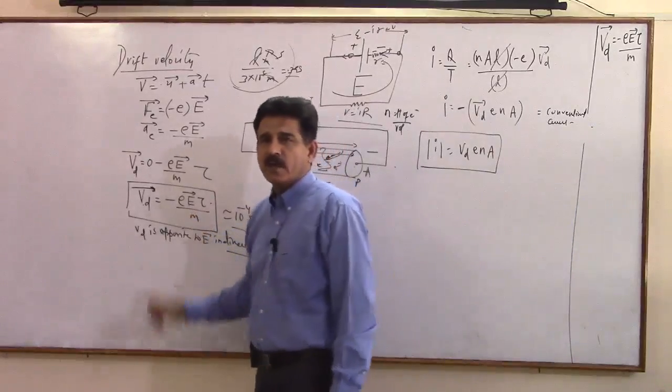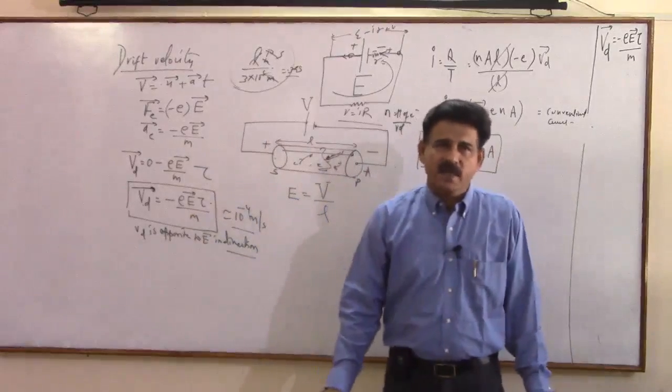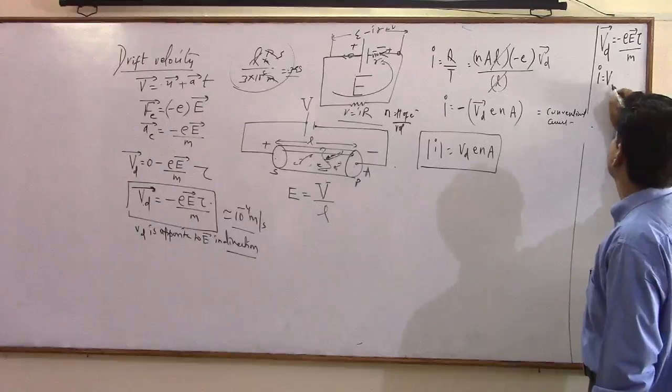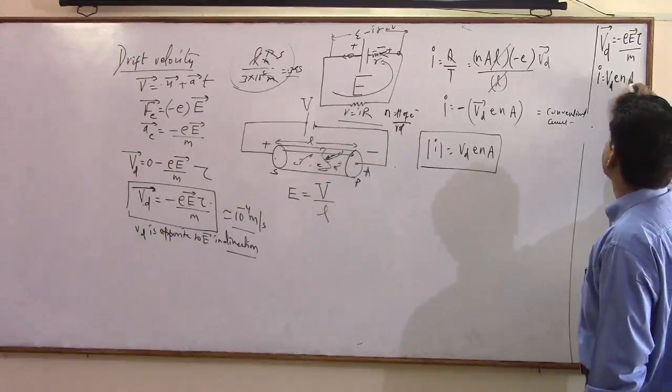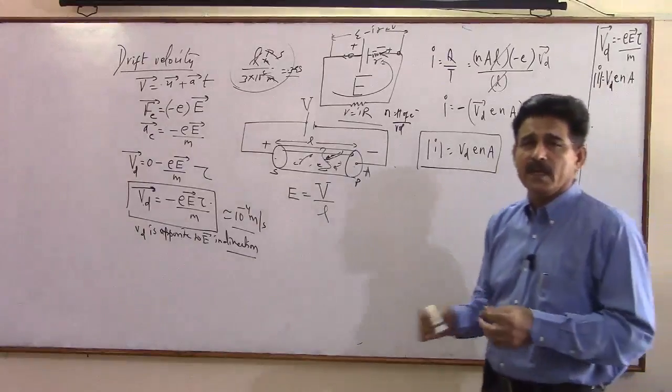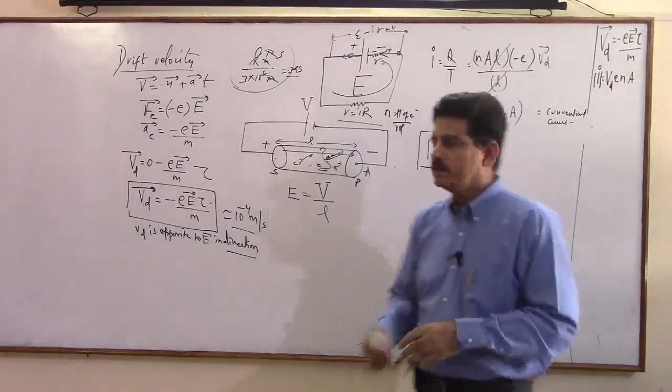It is opposite to electric field. Is that clear? So itni current flow hoti hai. I is equal to V drift into enA in magnitude. I is equal to Vd enA. You can remember that now.